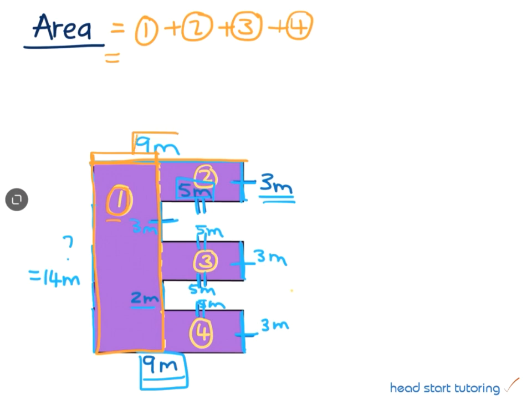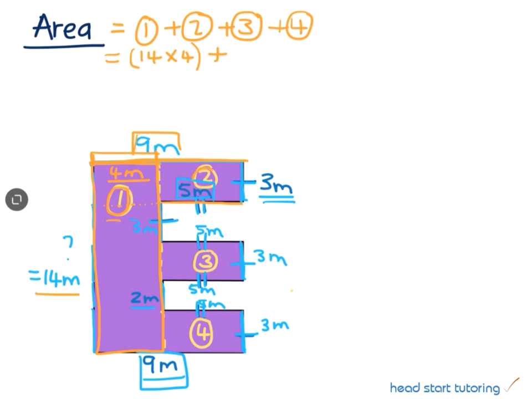Because we've got 9 meters, which is this whole top line, and we've got 5 meters there, which is another horizontal line that we are using to find this missing line there, that will give us 9 minus 5, which is equal to 4 meters. So we are now working with 4 meters by 14 meters. So our first little rectangle that we've divided up is 14 by 4.